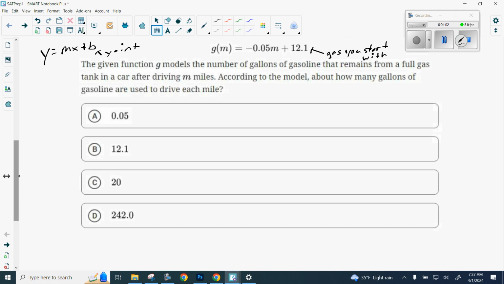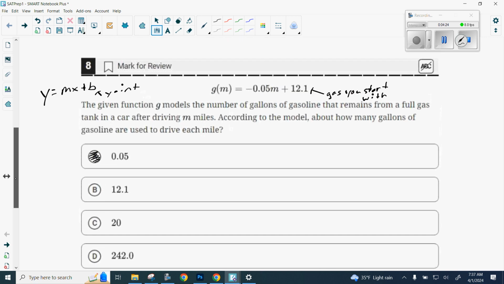Every time they drive a mile, they lose 0.05 gallons of gasoline. So that means they use 0.05 gallons for each mile.